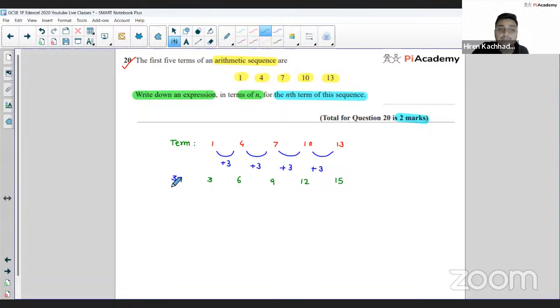The difference of the term and 3n: 1 minus 3 is minus 2, 4 minus 6 is minus 2, minus 2, minus 2, and minus 2. So from here it is very clear that your nth term is nothing but 3n minus 2, right? Yes, this is your nth term.